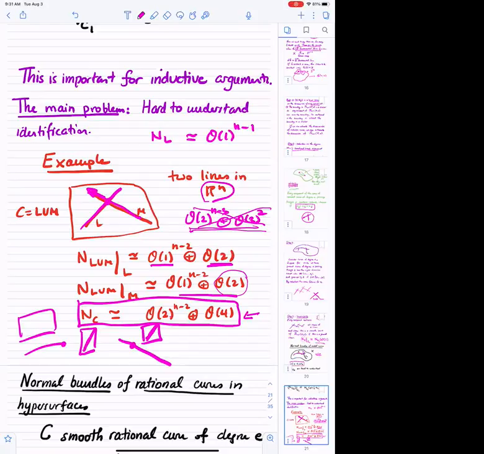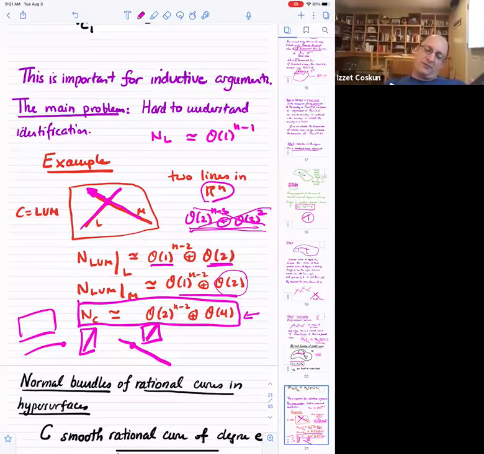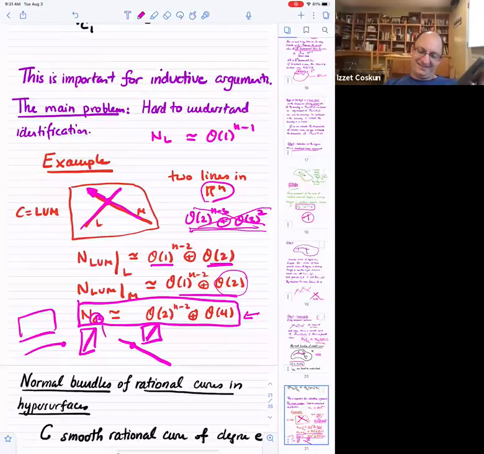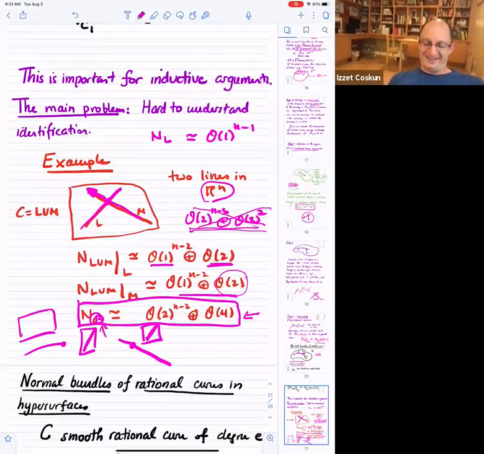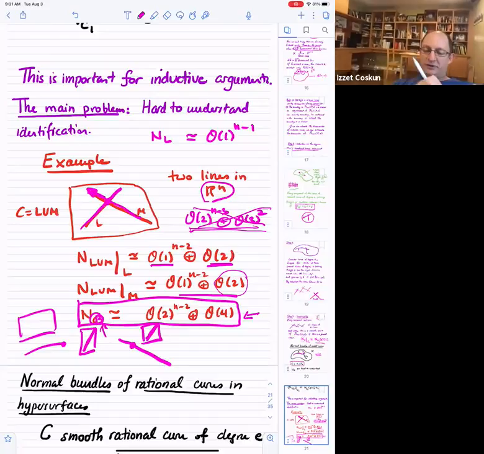When you say the normal bundle of C, do you mean after deforming it? Oh, yes, of a deformation, of the conic. C here is a conic. Let me call it B for the conic. So if you smooth that node out so that you get the conic, then the normal bundle is like this.